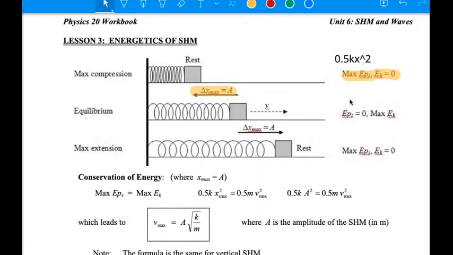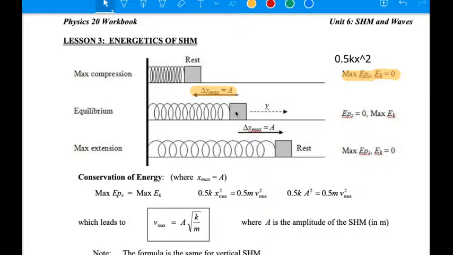For those of us who do not remember the energy formula for a spring, it's also given on our formula sheet under energetics. So when we have maximum displacement from equilibrium, we have maximum spring energy, but that also comes at zero kinetic energy.